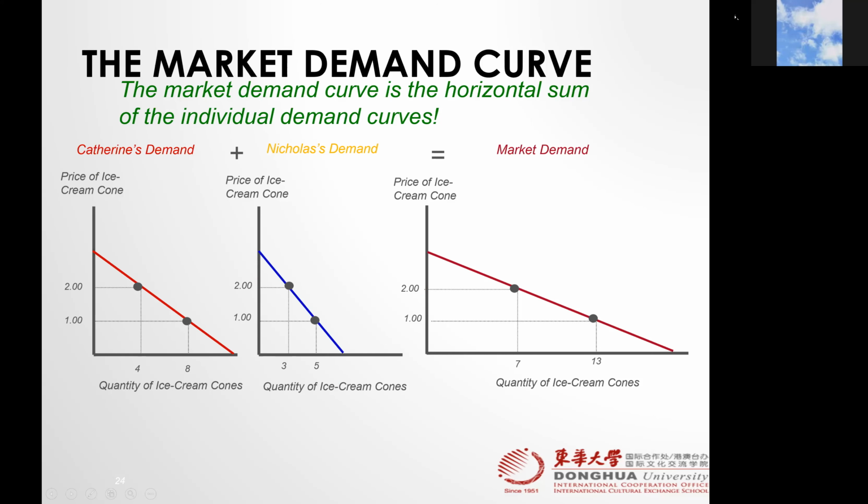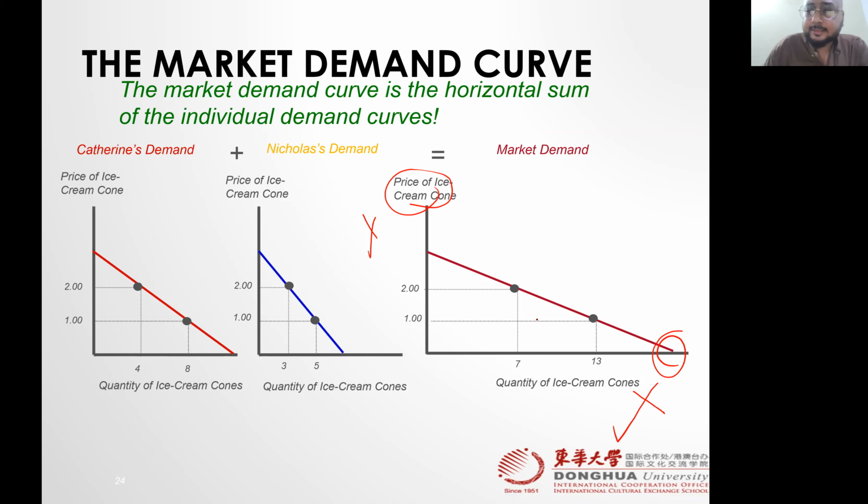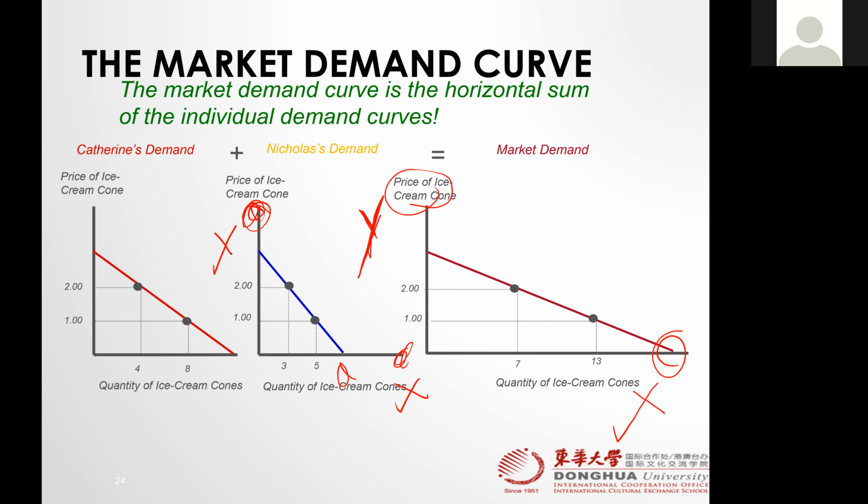Now my question is, why do we have to write price on the y-axis and why do we have to write quantity on the x-axis? Why every time do we have to write price on the y-axis and quantity on the x-axis? Why? Anyone? That way demand will always be downward sloping.